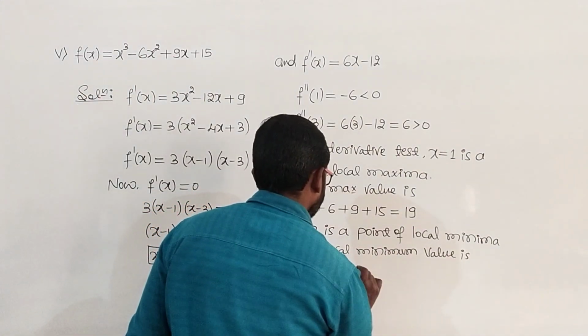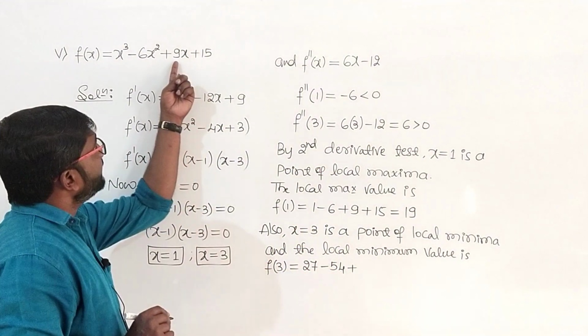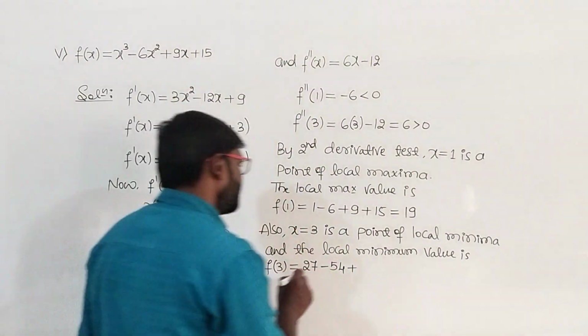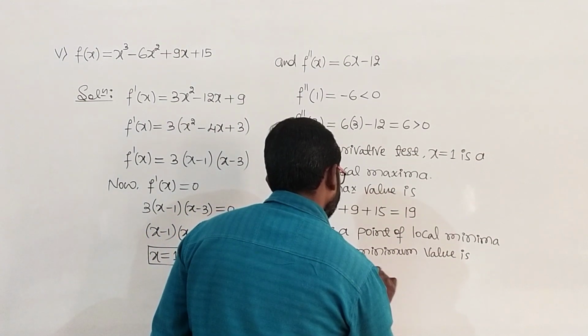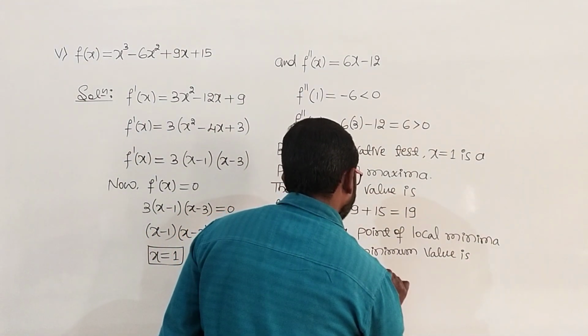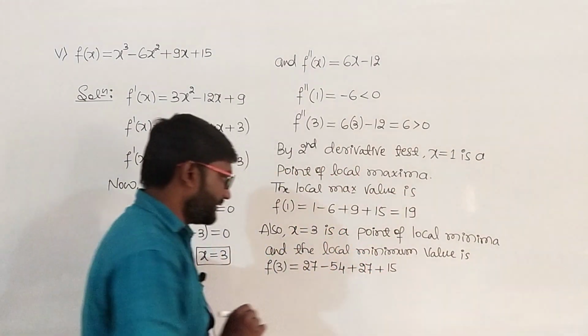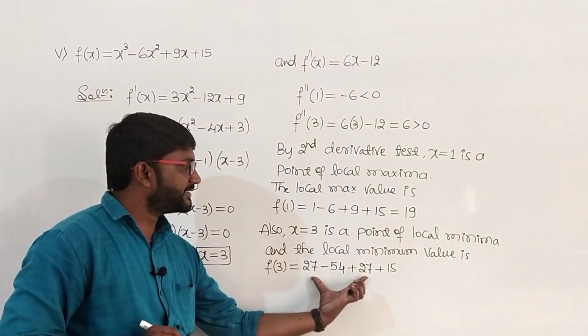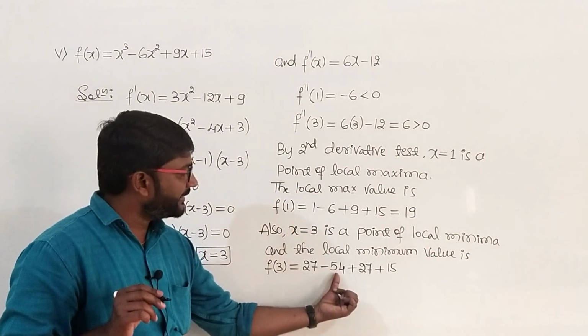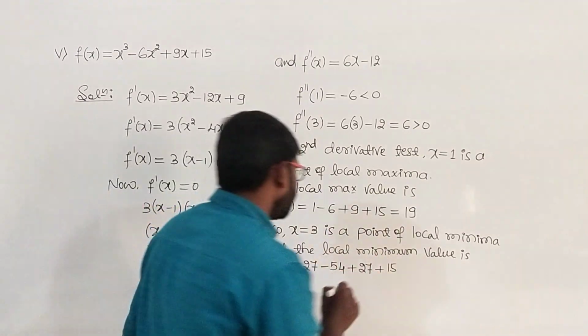Plus 9 into 3, it is 27. Plus 15. See here, 27 plus 27, it is 54, and minus 54, both get cancelled. So you get the answer as 15.